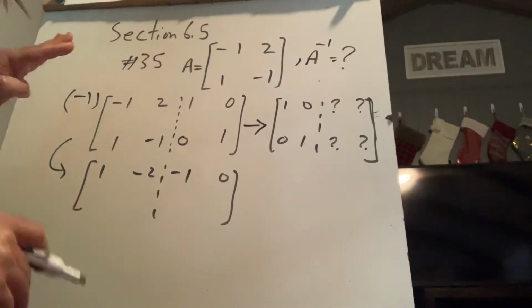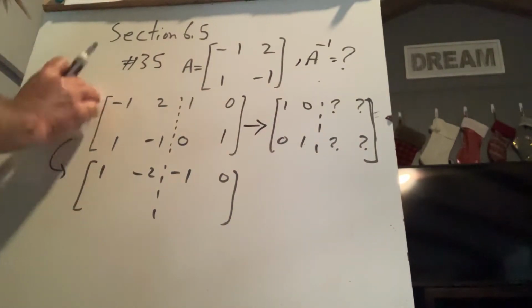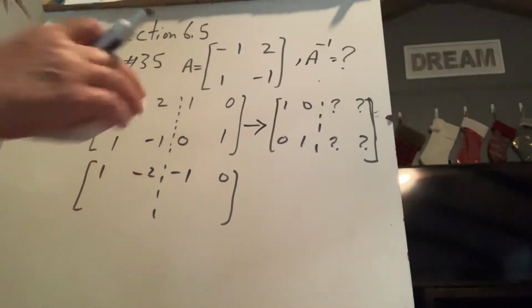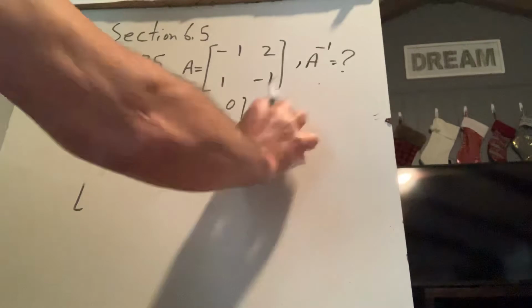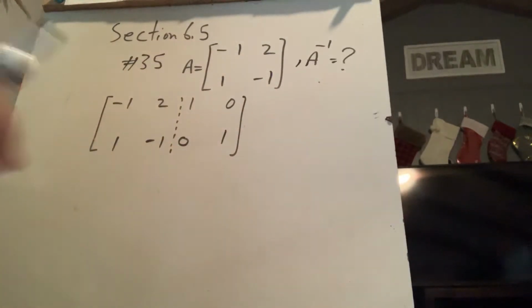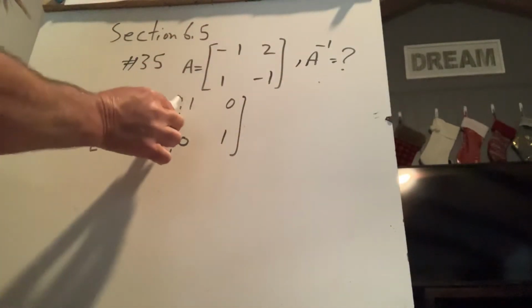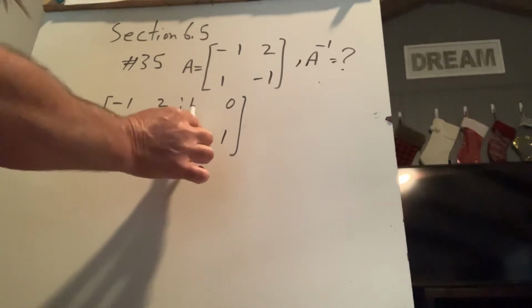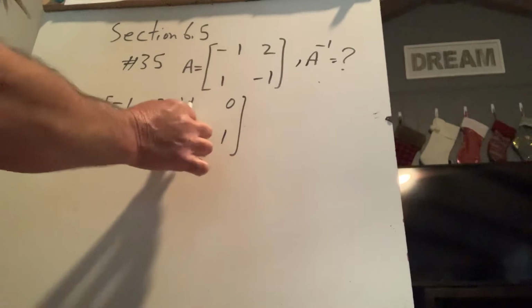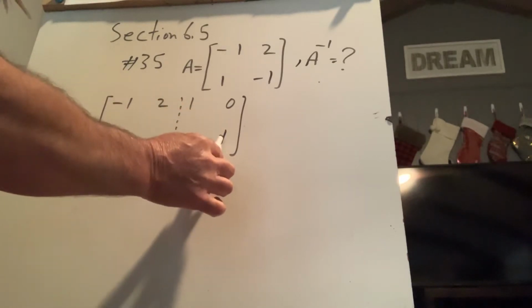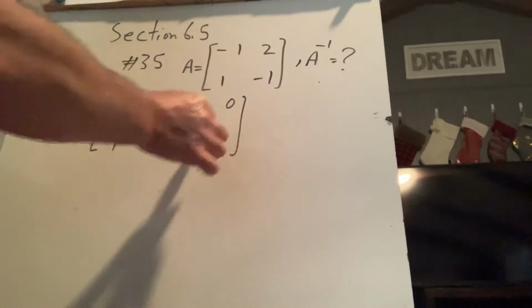What we need to do is form this augmented matrix. The way we do that, we put our original matrix on the left-hand side, and then we put the dotted line, and then we form the 2x2 identity matrix, which has ones along the diagonal and zeros everywhere else.